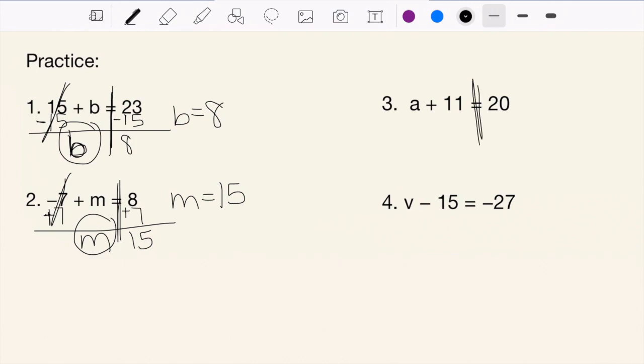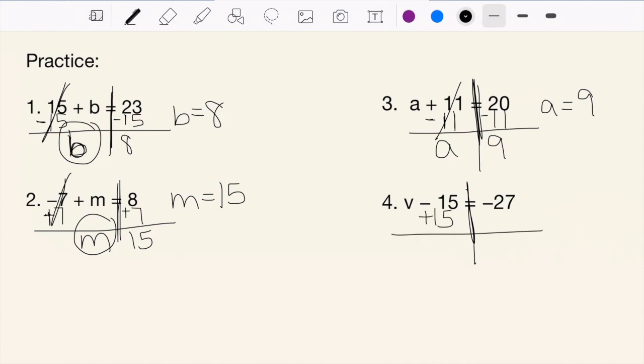So I'm going to continue. Start by separating the two sides of the equal. A plus 11, so I'm going to do the opposite and subtract 11 from both sides. On this side, I'm left with just a, and then 20 minus 11 gives me 9, so a equals 9. And then this last one, again doing that dividing line, negative 15, so I'm going to add 15 to both sides.